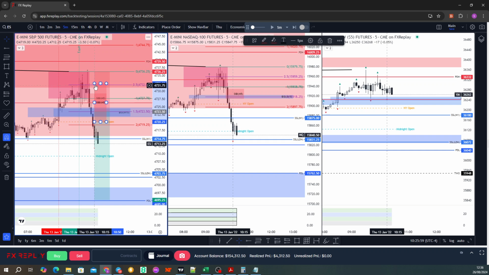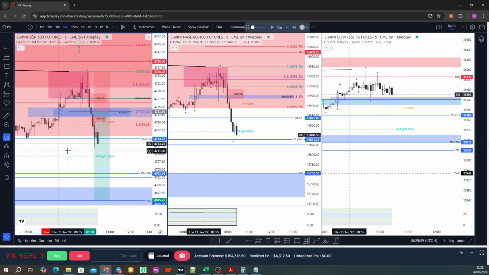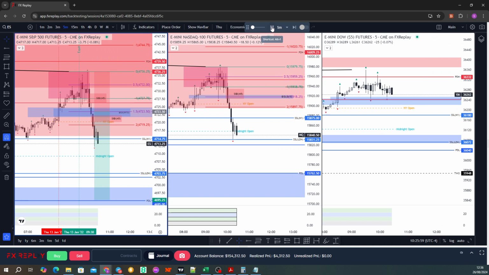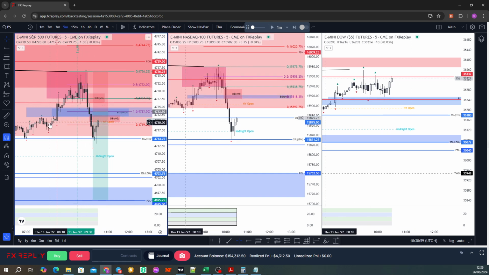This would be price traded up into here. Would offer potential trade, but I think it's going to continue lower now. So let's just see if we get down to, okay.